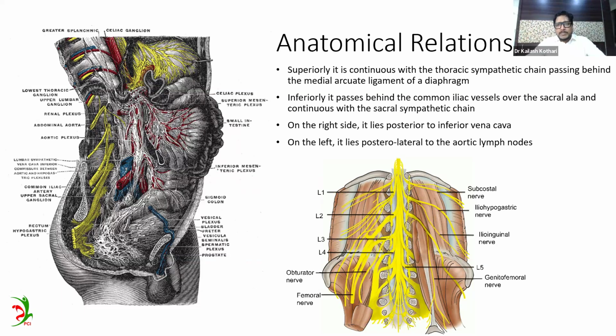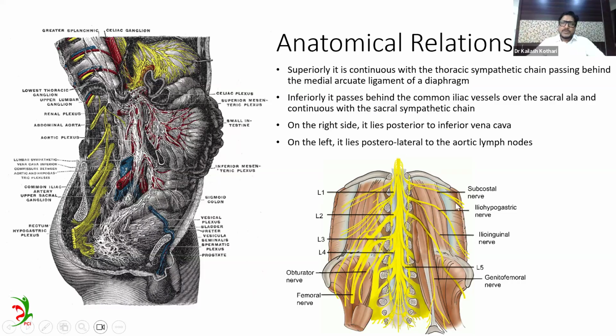Now, this is also a very important anatomical relation when you are doing the block, because if you are a little bit anterior, even 0.5 to 1 centimeter, if you go anterior to the vertebral body, you may puncture the inferior vena cava and you may find blood. It is very important, especially when you are injecting alcohol, local anesthetic, alcohol or phenol.